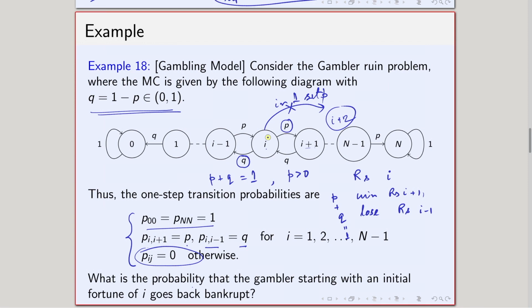So he started from some I, and he reached the state 0 before reaching the state n. Because once he reaches state n, he will never reach 0. So I try to find out the probability that the gambler reaches the state 0 before reaching state n, that means the gambler goes bankrupt.